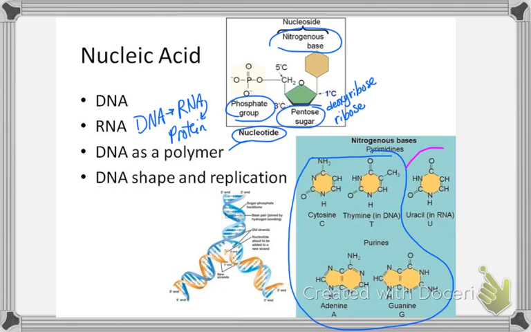In RNA, we substitute uracil for thymine. You can see pyrimidines are 1 ring and purines are 2, and purines and pyrimidines are the ones that bond. So G to C, A to T.